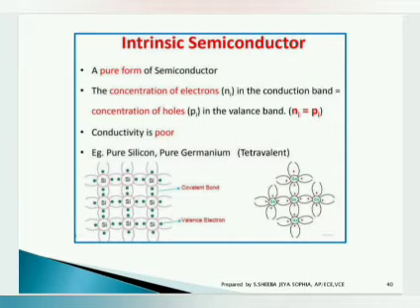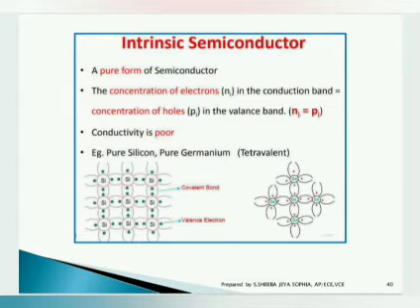Intrinsic semiconductor, it is a pure form of semiconductor. The concentration of electrons in the conduction band is always equal to the concentration of holes in the valence band. And the conductivity here is poor since there is no doping. It is in a pure form. For example, pure silicon, pure germanium.